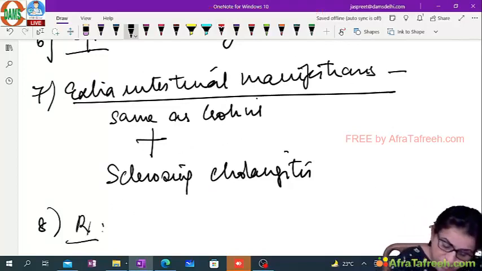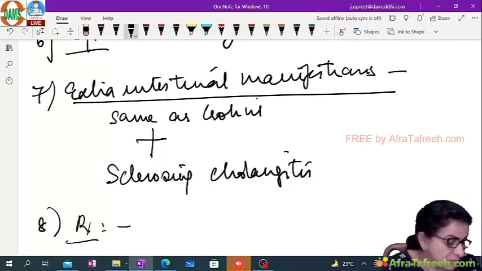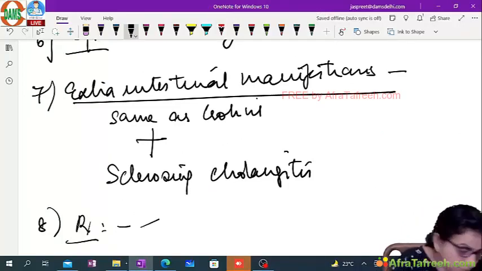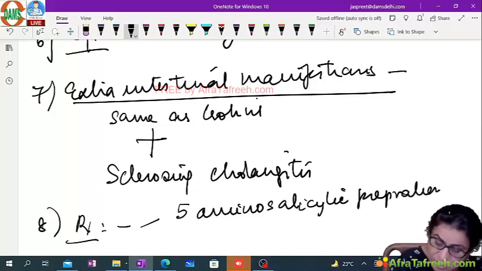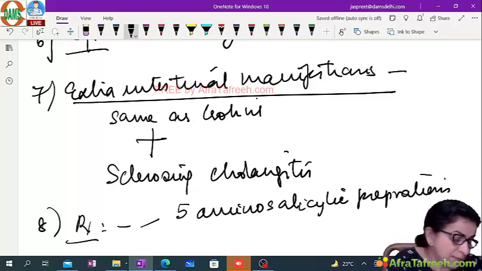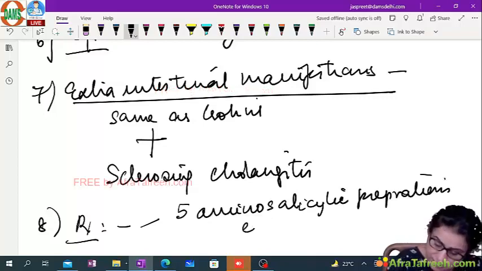Okay, treatment. What do we give in ulcerative colitis? We give them, number 1, 5-aminosalicylic preparations, for example mesalamine.